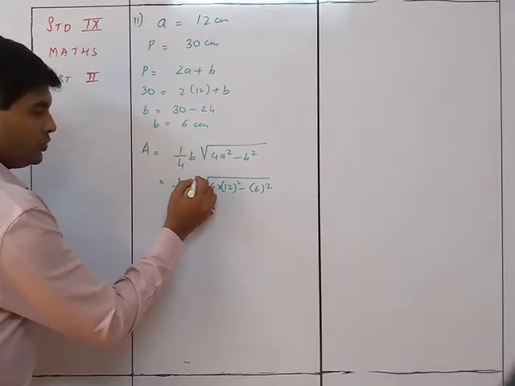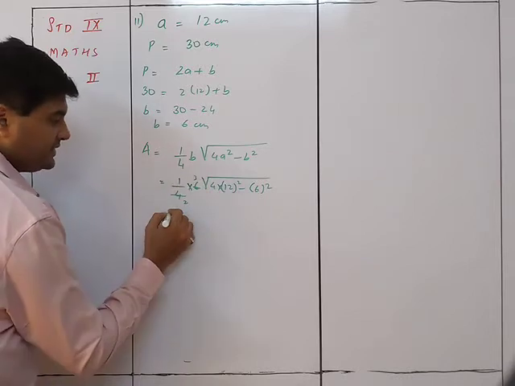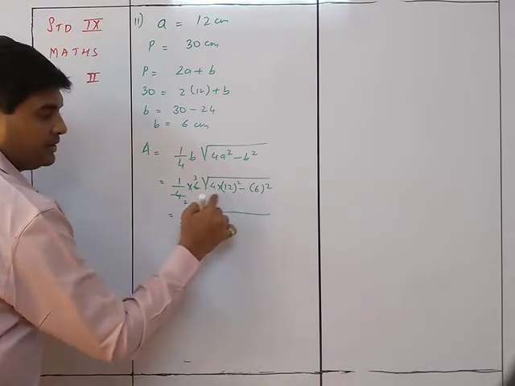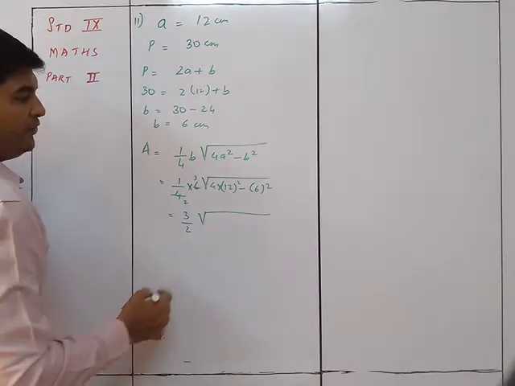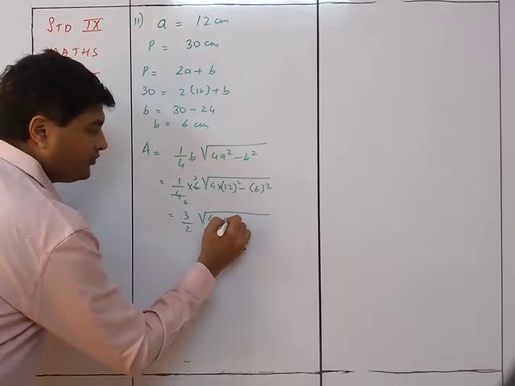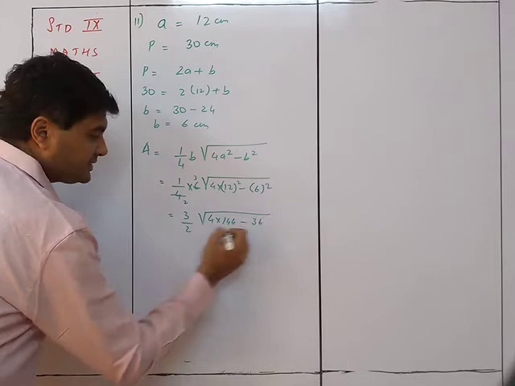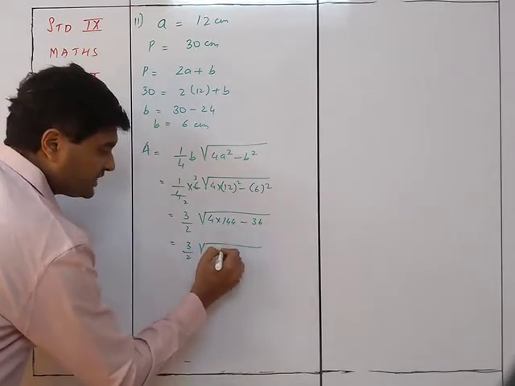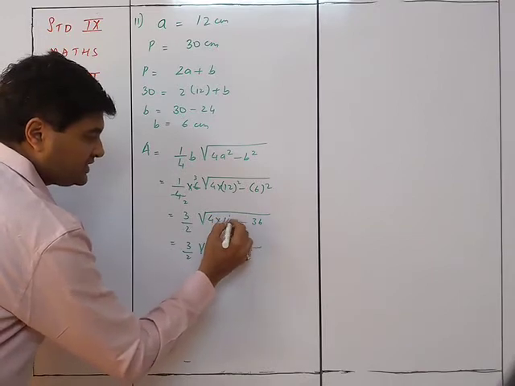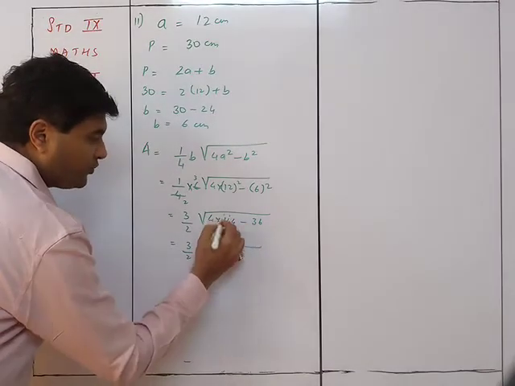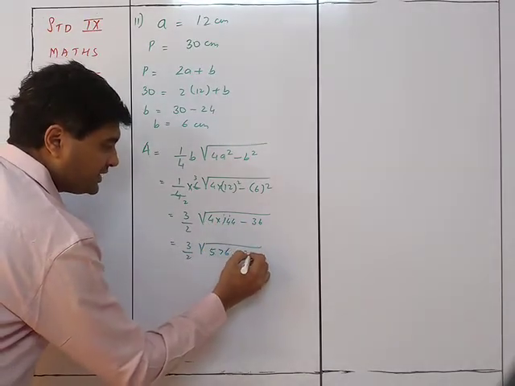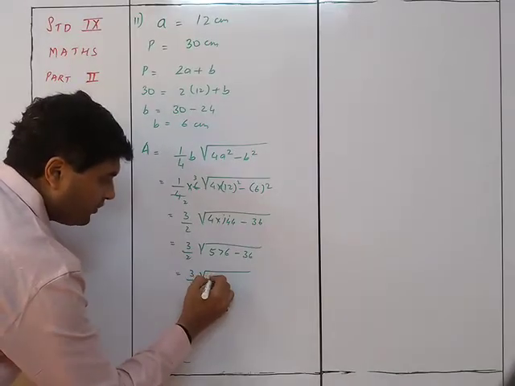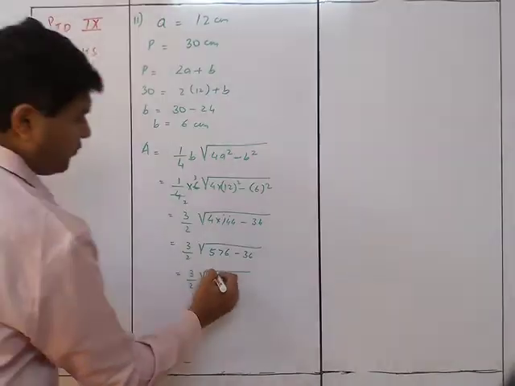This gives 2 times 3, it is 3 upon 2 into square root of 4 into 144 minus 36. 4 fours are 16, 4 times 144 is 576, minus 36, that is 3 upon 2 square root of 540.